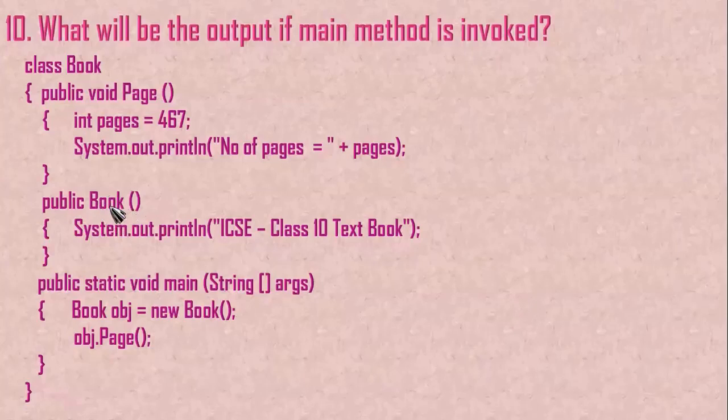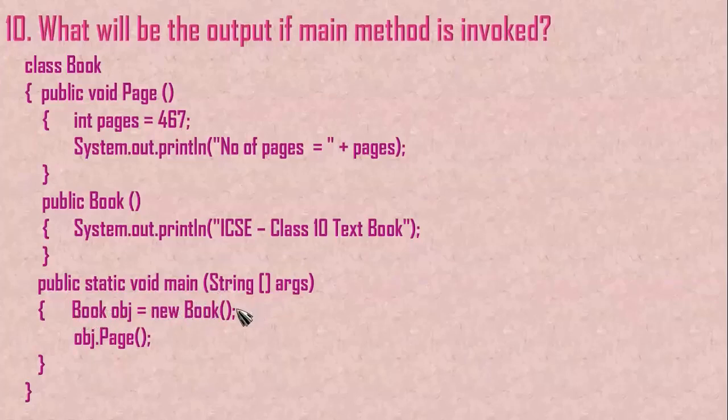So here book is the name of the class, so it is a constructor. In this it is printing ICSE hyphen class 10 textbook. Then it is closed. A main method is given. Object is been created. obj.page of. So here page of is been invoked. So it will print number of pages 467.